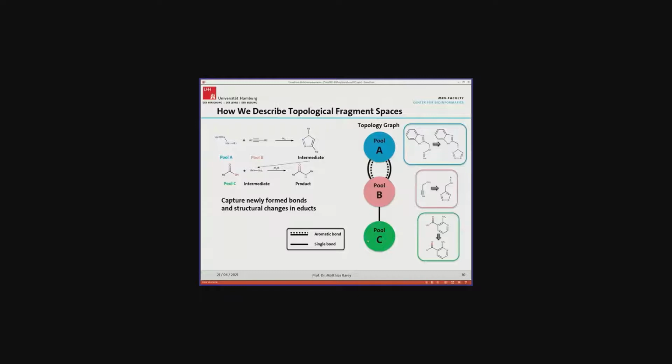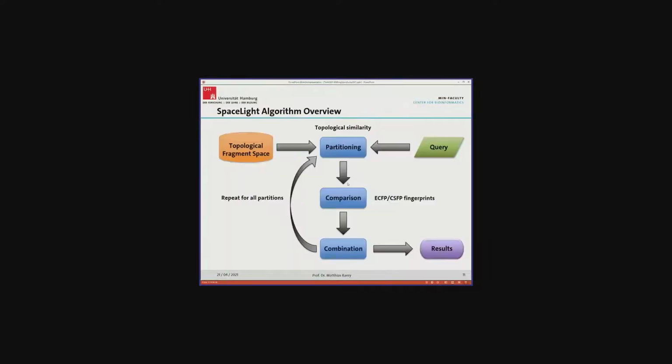And then for the individual reactants, we have the pool of reactants you can actually use in this reaction. We do a lot of pre-processing so that these reactants already look close to what they will look like in the chemical structure at the end. And based on this, we can then do the search.